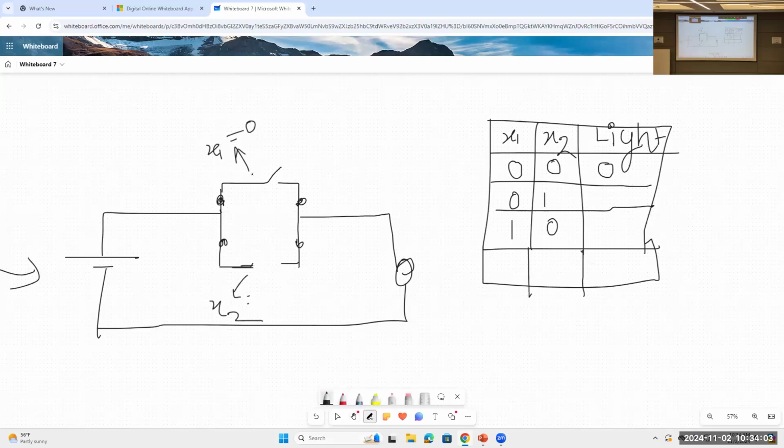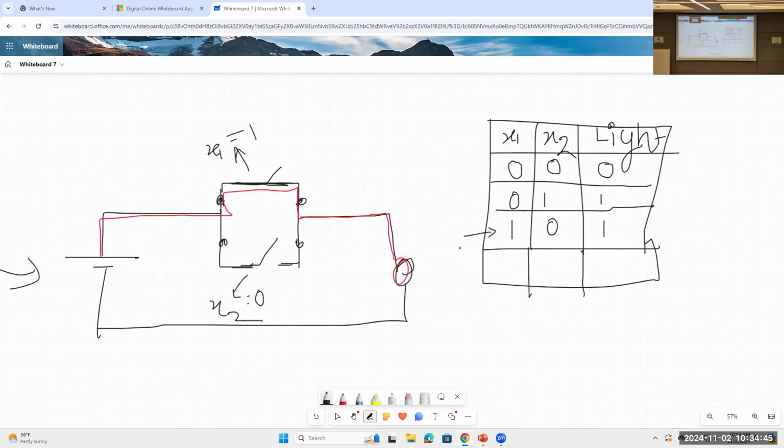So in this case x1 is equal to 1, which means this is connected, and x2 equal to 0 means this is not connected. Now in this case, will the light glow? Yes, it should, right? Because there is a path. The path has changed, but there is a path. So by this path, the bulb will be connected to the voltage source. So in this case as well, the light will glow.